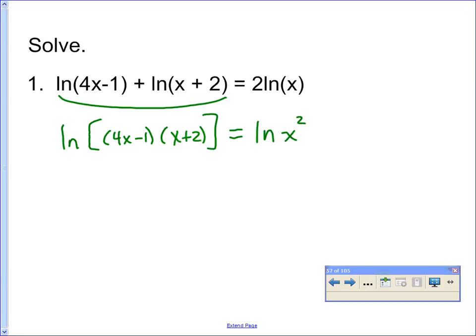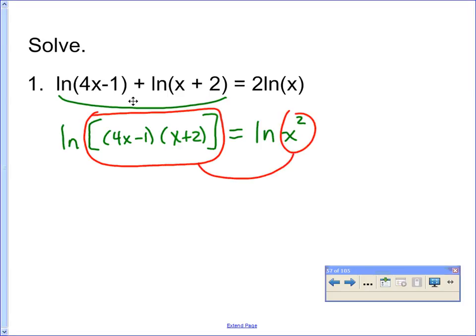Okay. Now that I have the natural log, I've got an equation here, and on each side I have a single logarithm. So what that means is if I'm taking the log of something and it's equal to the log of something else, then these two here have to be equal.